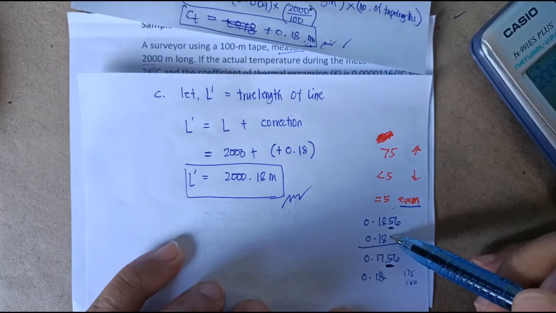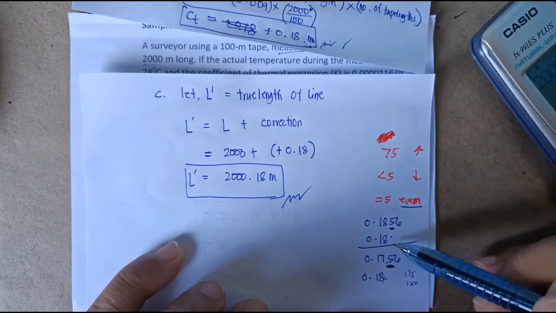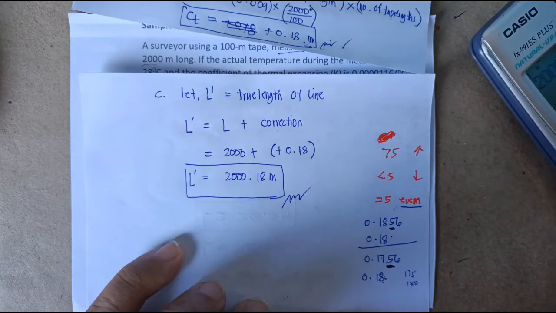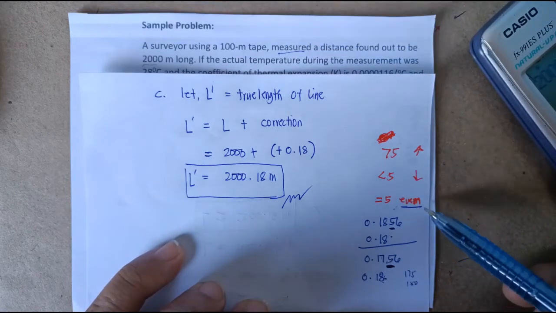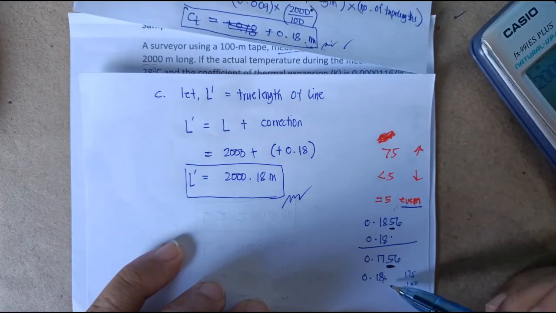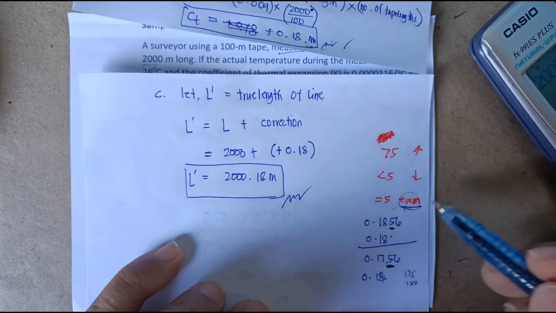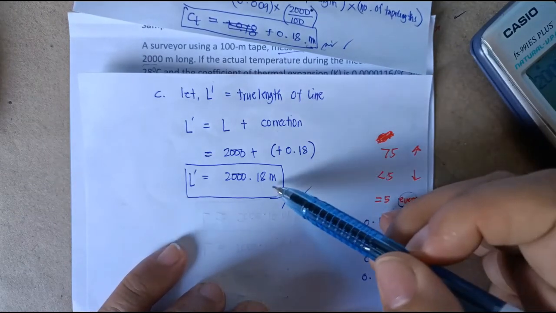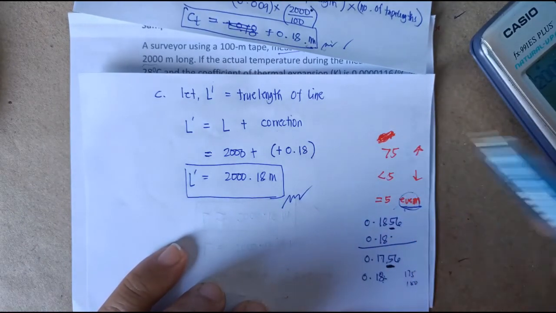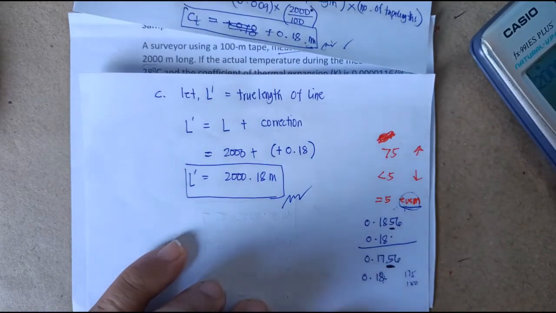So this is round down. There is no need for you to memorize whether to round up or round down, just put in your mind that you have to round it off to the nearest even number. That's why we have 0.18, not 19.